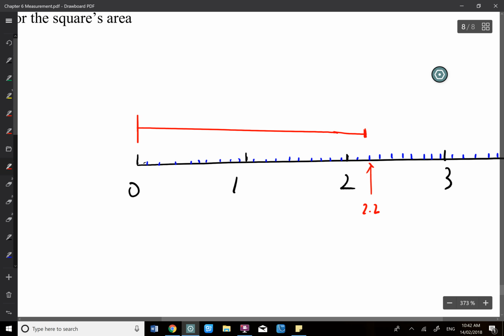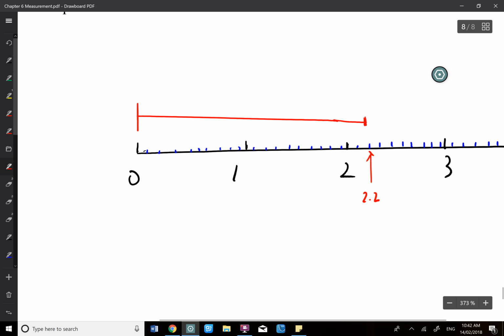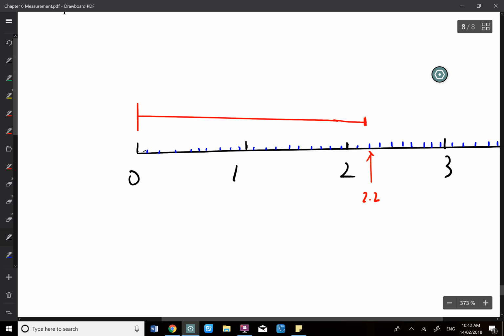This is the actual. Can you see, it's not really to scale, but the object starts from 0 and finishes at about 2.2 centimeters. When you read the ruler, you say that's a 2.2 centimeter thing. But let's see the actual length. I'll draw a vertical line down here.